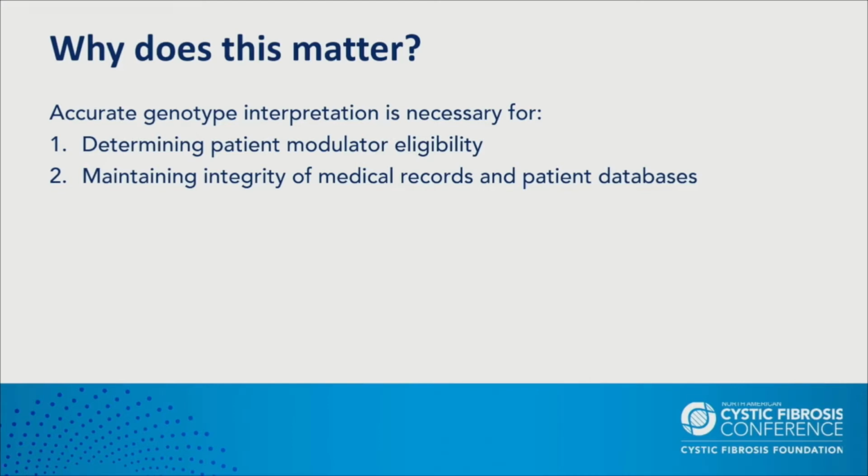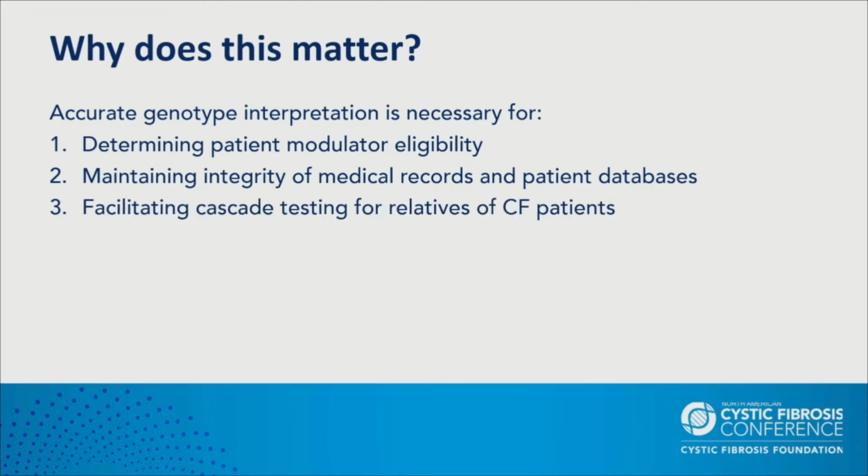As different providers are entering their documentation for the patient and calling out what their genotype is, ensuring that that's consistent and accurate is important to make sure that continuity is there for recognizing the patient's status, as well as maintaining the accuracy of our various databases, so entries into Port CF, utilizing the data available in CFTR2 are all contingent on an understanding of the nuances of the genetic nomenclature.